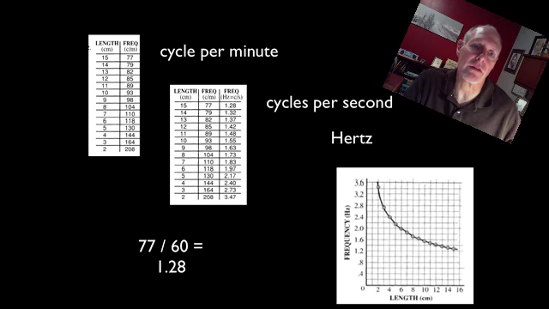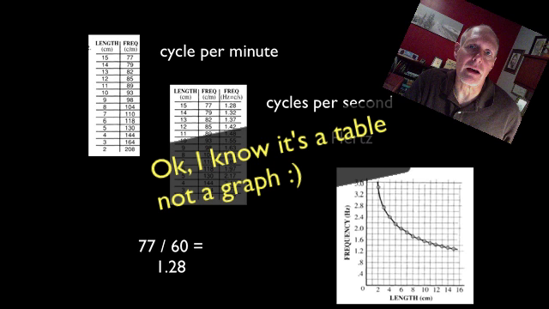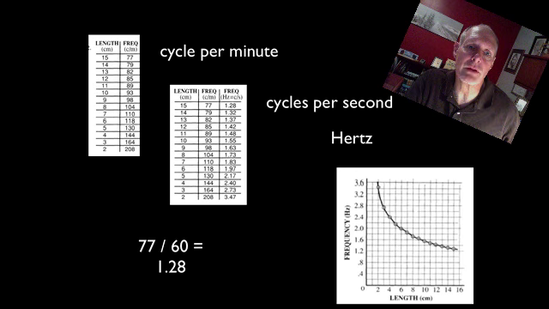This graph here on the left-hand side has length in centimeters, and it has the frequency in cycles per minute. Then the middle graph, our table right there, has added another column on the right-hand side that's called frequency, but it's measured in hertz, and hertz is cycles per second. So to get the cycles per second, you take the cycles per minute and divide it by 60.